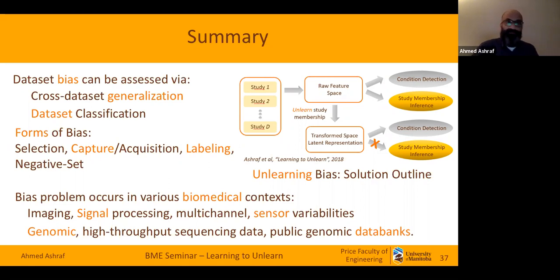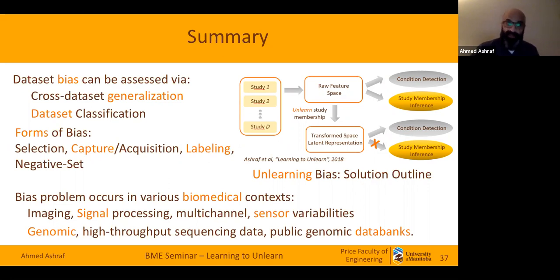You may be collecting the data from the same site, but there is a lot of sensor variability. And then, of course, in genomic data, we have lots of publicly available genomic data in different data banks. And that's a huge can of worms in and of itself in terms of dataset bias.